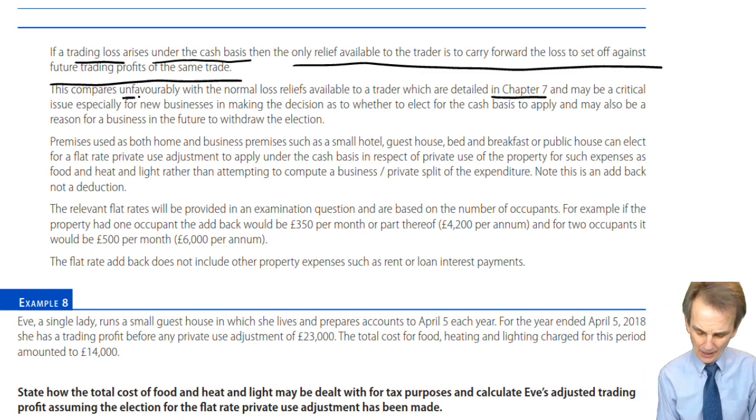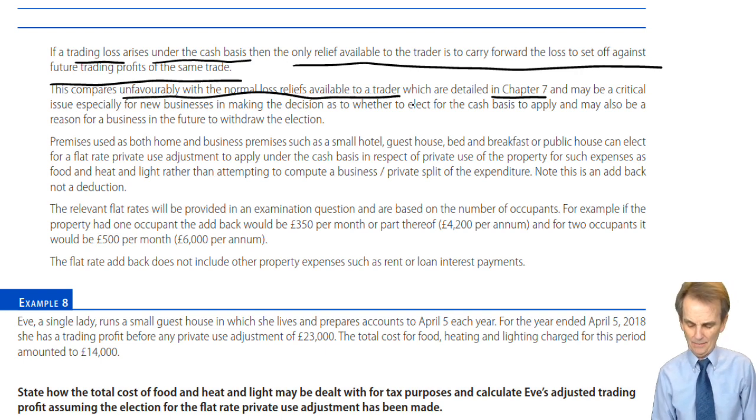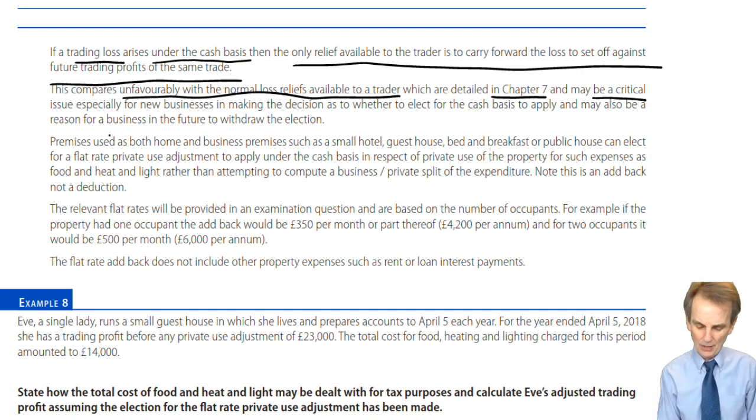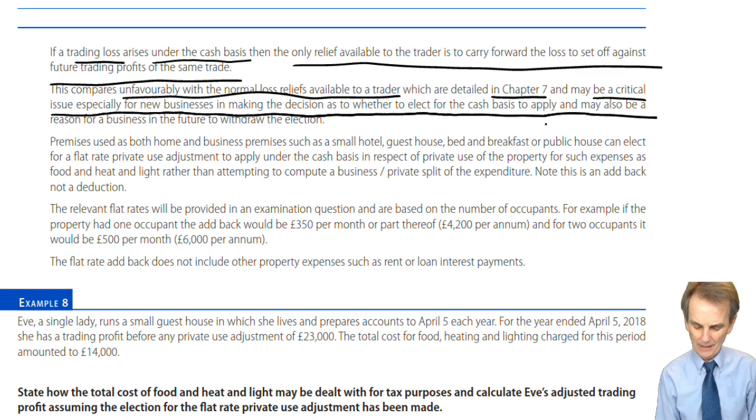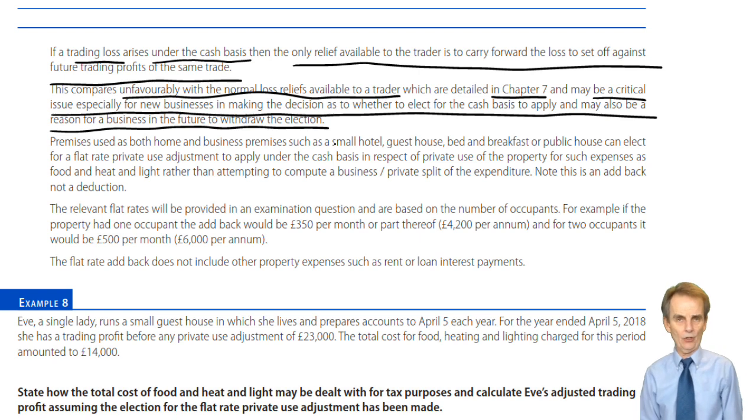So it does compare unfavourably with the normal loss reliefs that a trader could claim, and that may prove to be a critical issue, especially for new businesses in making the decision as to whether to elect for the cash basis to apply, and may also be a reason for the business in future to withdraw the election.